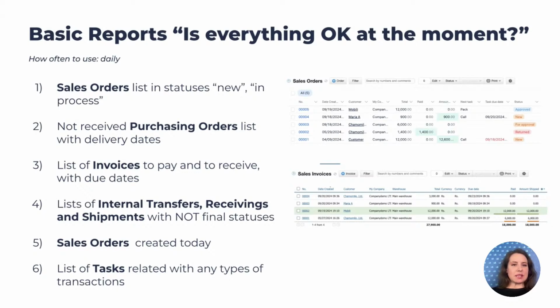The sales order list with statuses shows which sales orders are still new, which are still in process, I mean not shipped or something like this. It helps to figure out if they are missed or if it's just a normal waiting time.